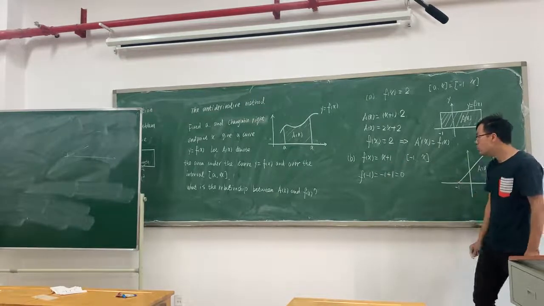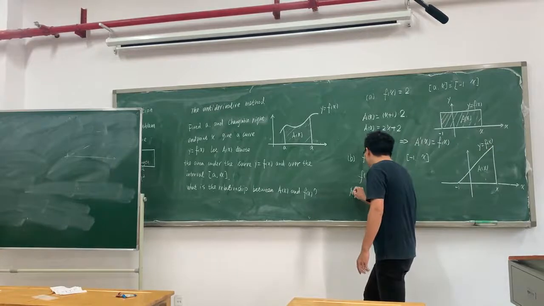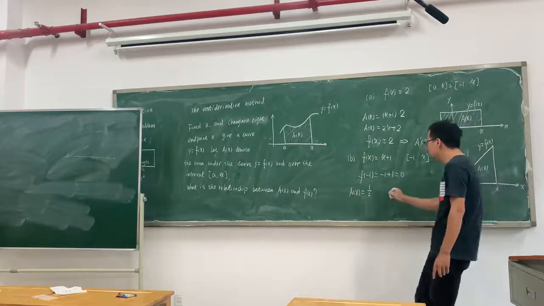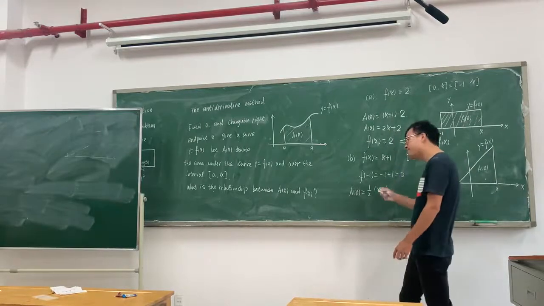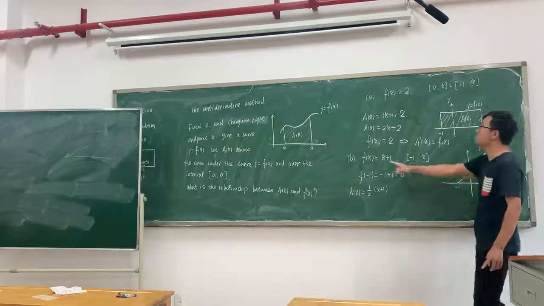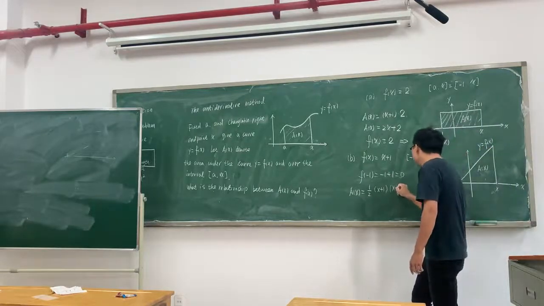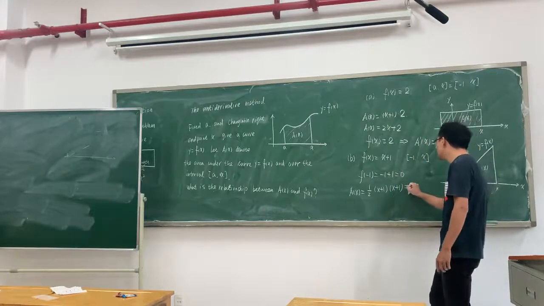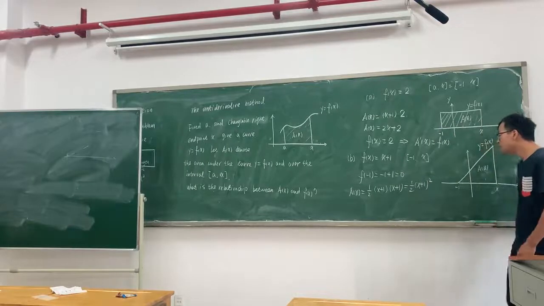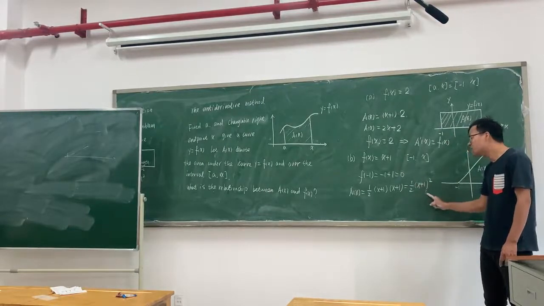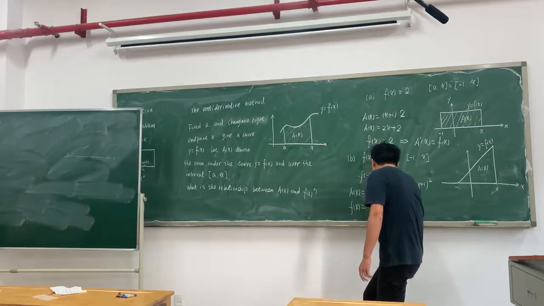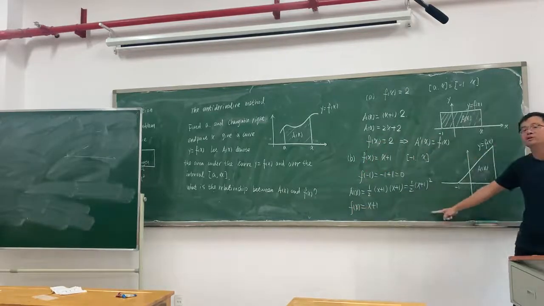So A(x) equals 1/2 times the base, which is x plus 1, times the height, which is x plus 1. The result is 1/2 (x plus 1) squared. A(x) equals 1/2 (x plus 1) squared, and f(x) equals x plus 1. So what's the relationship between these two functions?